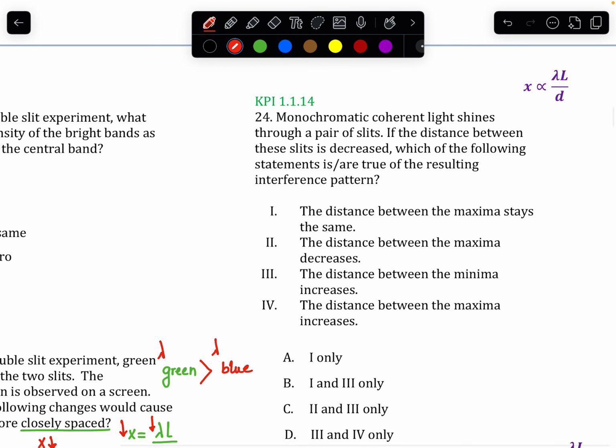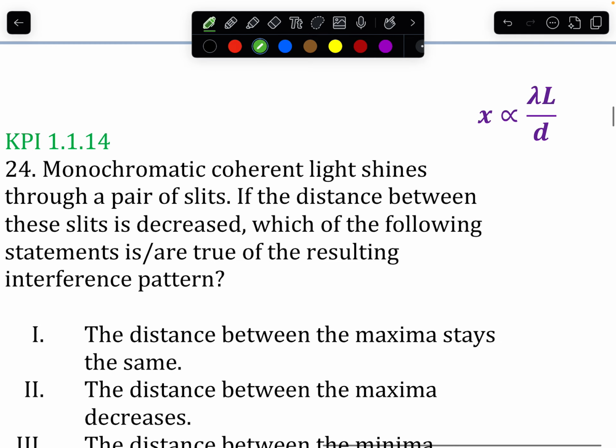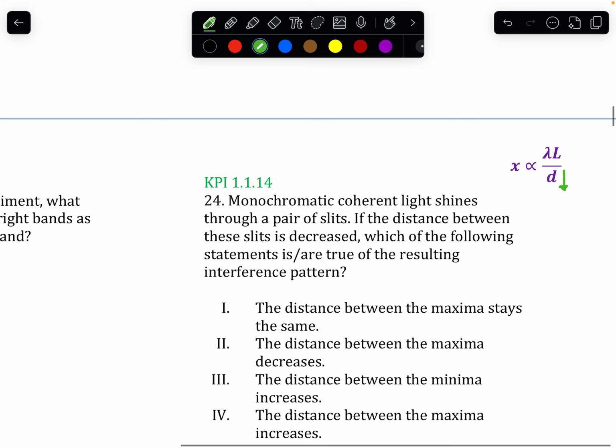Monochromatic coherent light shines through a pair of slits. If the distance between these slits is decreased, which of the following statements are true regarding the resultant interference? So basically the spaces between the fringes will be bigger.